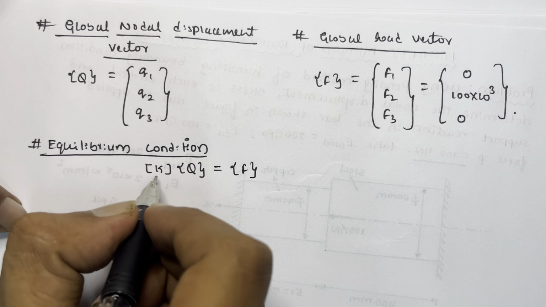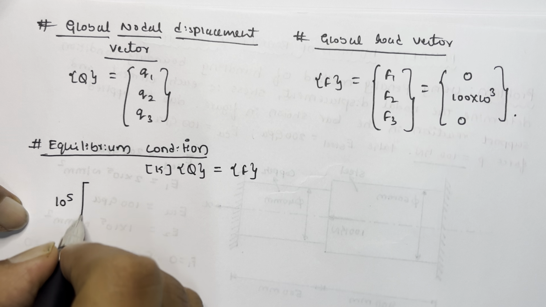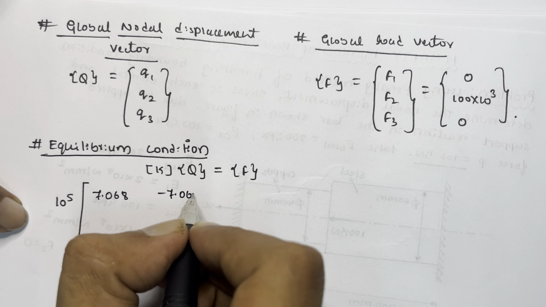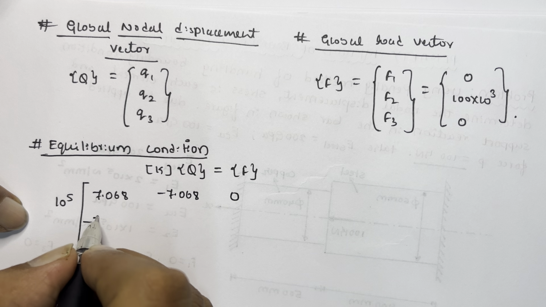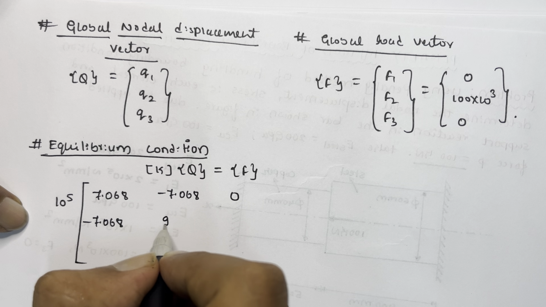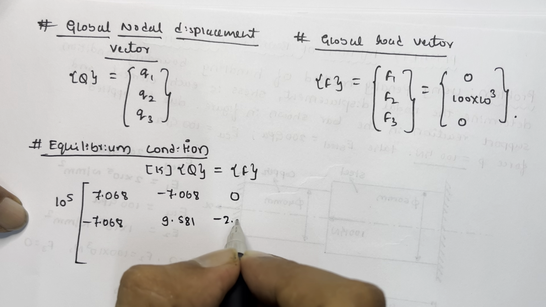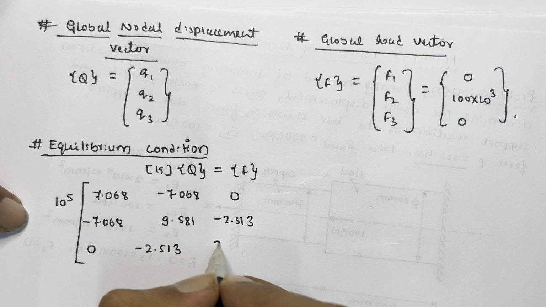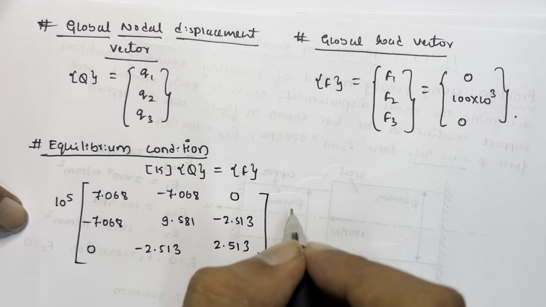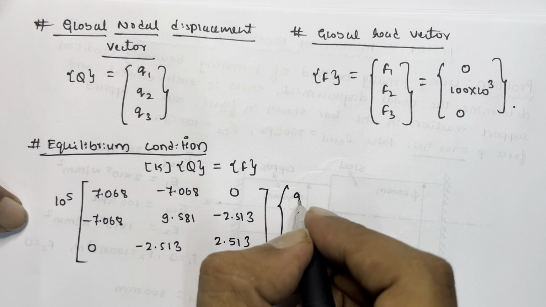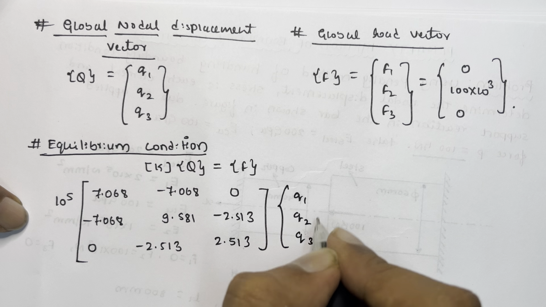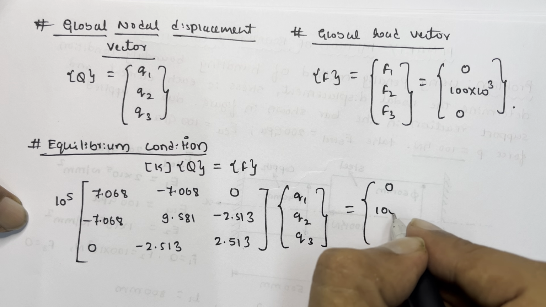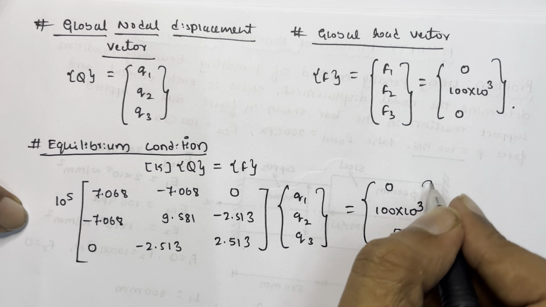Okay, we have the stiffness matrix 10 raised to 5, 7.068, minus 7.068, 0, minus 7.068, 9.581, minus 2.513, 0, minus 2.513, 2.513, and into, here it is displacement q1, q2, q3, and the load 0, 100 into 10 raised to 3, 0.